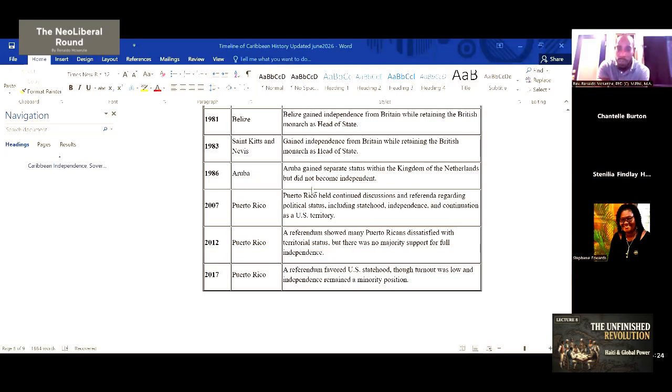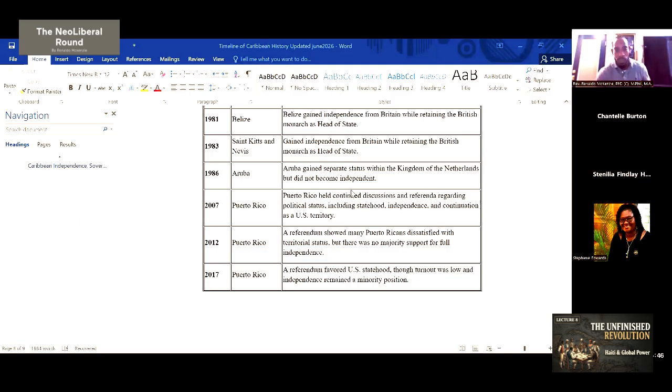1986, Aruba gained separate status within the Kingdom of the Netherlands, but did not become independent.